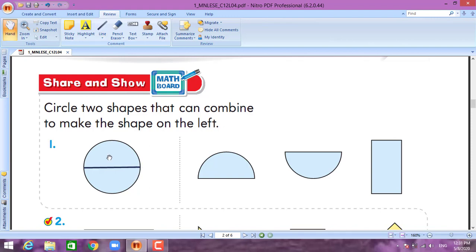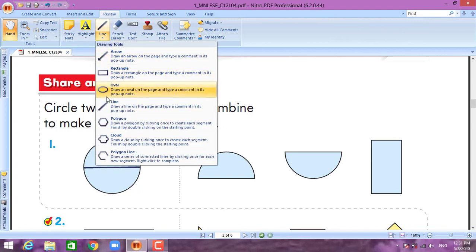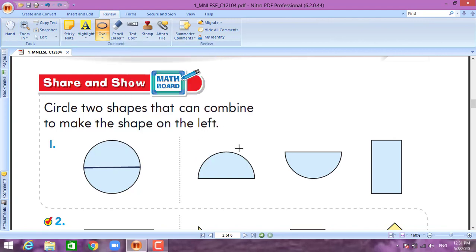So here I have two semicircles. So what are the two shapes that can combine to make a circle? Two semicircles. So I will circle these two semicircles.